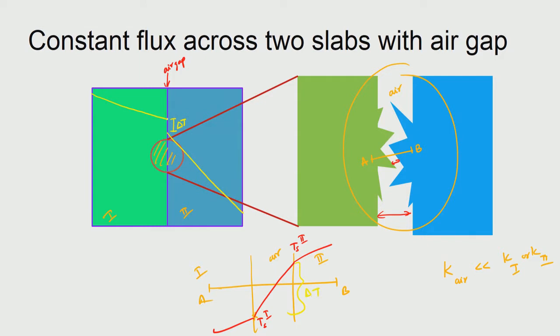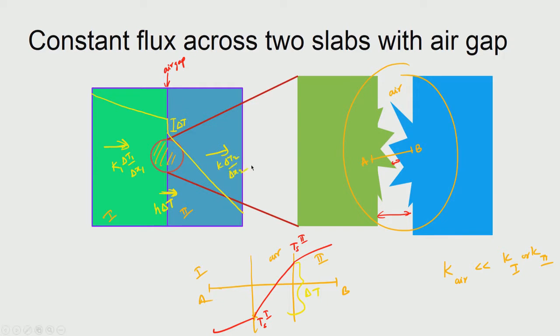Now, when you look at the heat that is going in this direction, it has to go through this gap, which actually should also be modeled. So, we write an additional term here. The heat going through the bulk up to the interface would be proportional to K1 delta T1 by delta X1, but the interface resistance is modeled as H into delta T, and then in the other wall, from here it would be K2 delta T2 by delta X2.